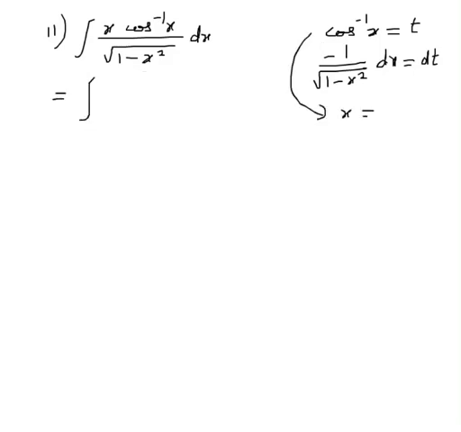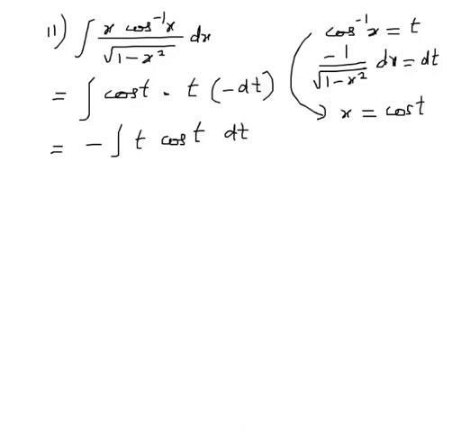From this equation, x is cos t and cos inverse of x is t, and dx by root of 1 minus x square becomes minus dt. There is a minus sign which can be taken out. Integral t cos t dt. Use by parts method.